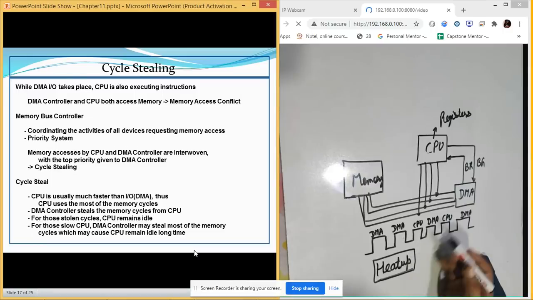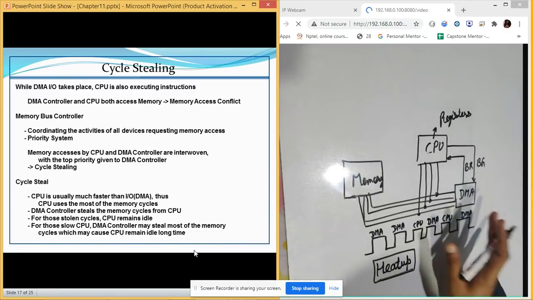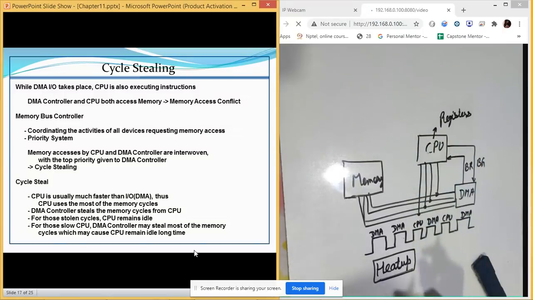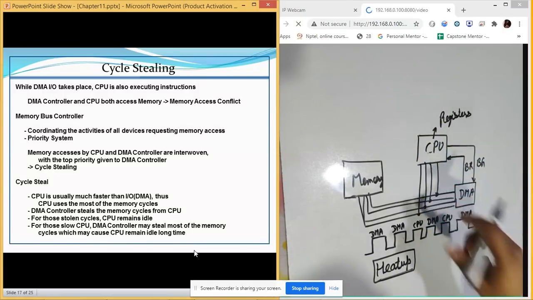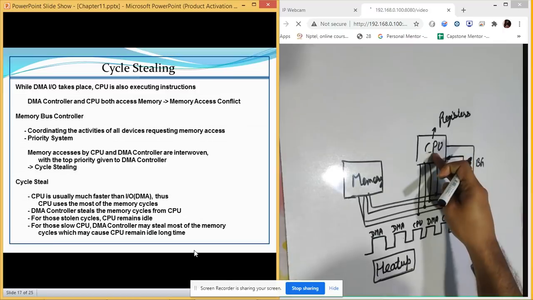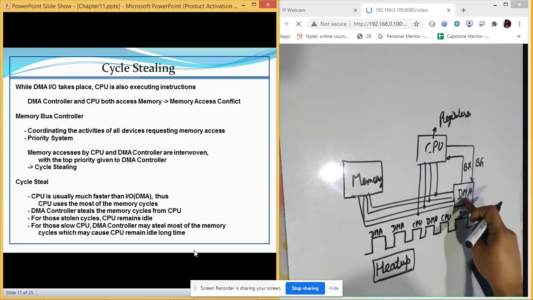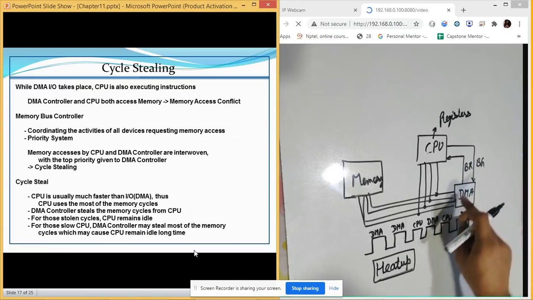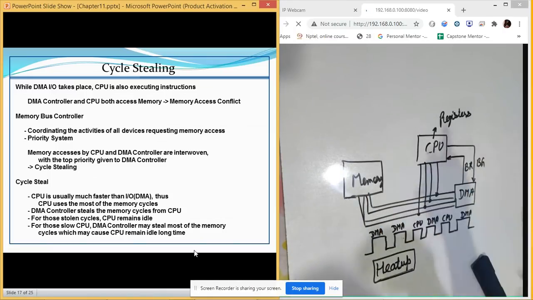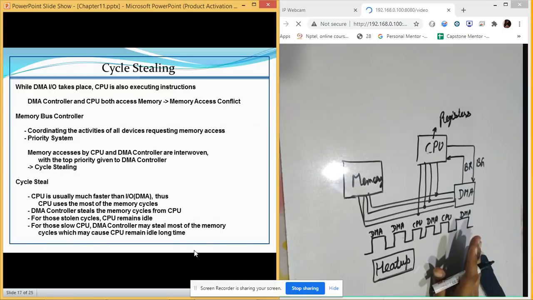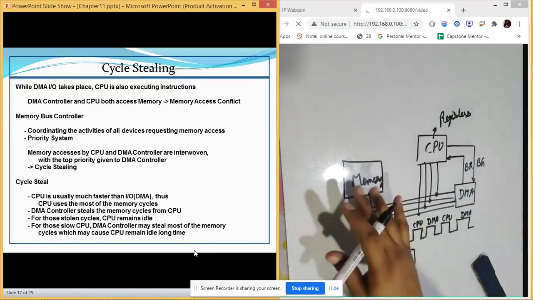Then DMA was introduced. This is a kind of load sharing with the CPU. Now all the input output tasks are not done by the CPU; DMA does that work. So DMA is the one which is going to heat up, and our CPU will remain idle for the time when the transfer is happening.